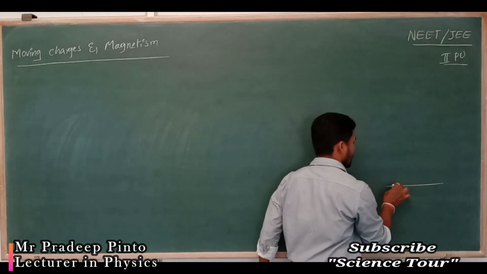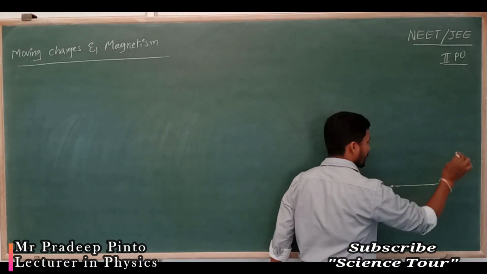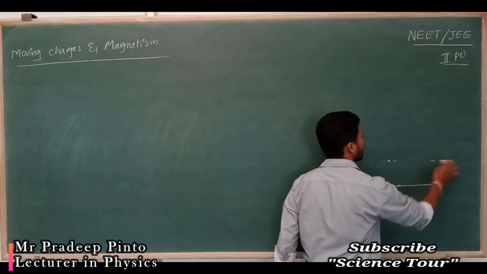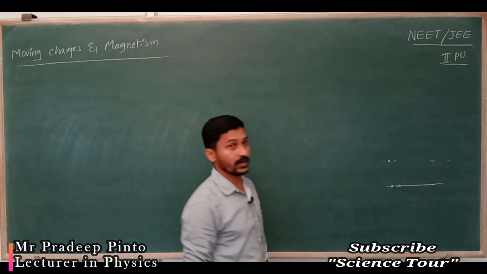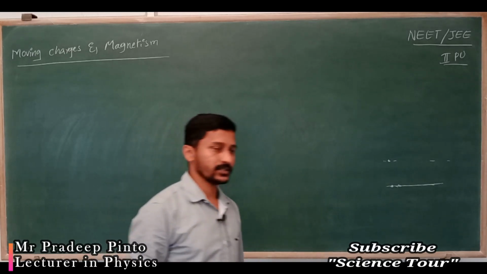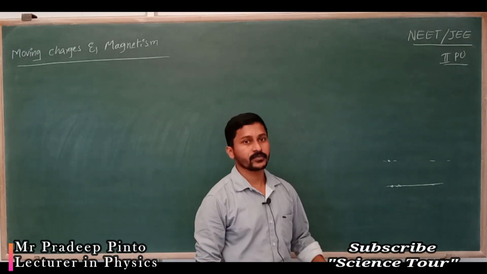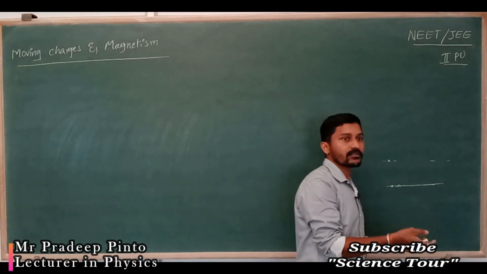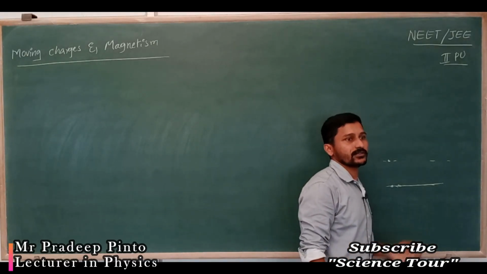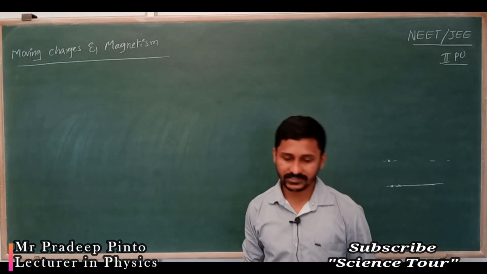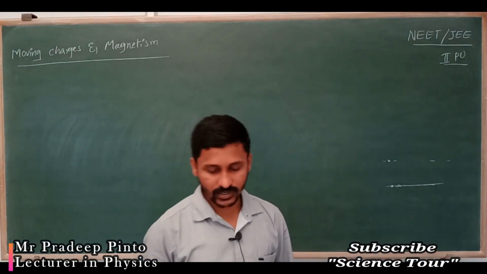A charge moving in a wire becomes a current, or just a single moving charge creates its own magnetic field since it is moving. And when you bring some external magnet, it experiences a force because of its own magnetic field. And the concepts and the directions we have to write down.